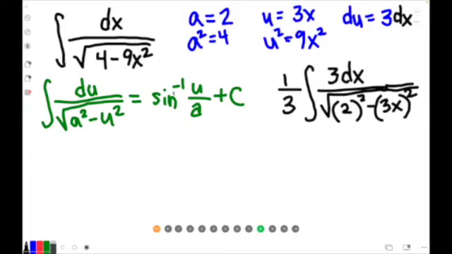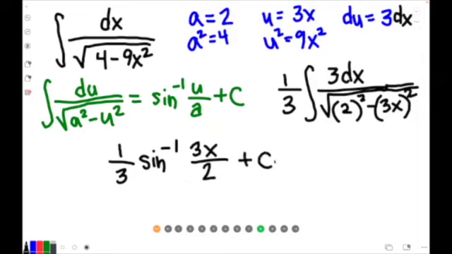Okay, so plugging in the values, we have 1/3 outside, so we have 1/3 the arc sine of u all over a, plus the constant of integration.